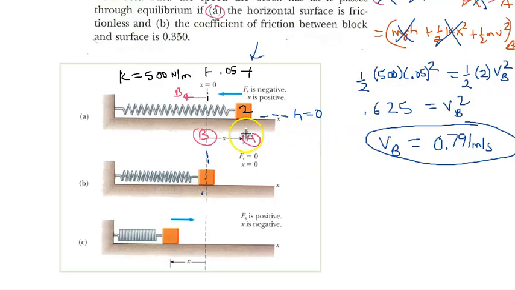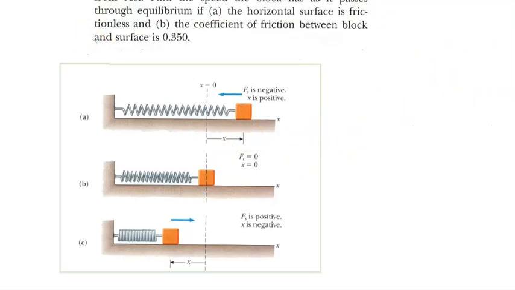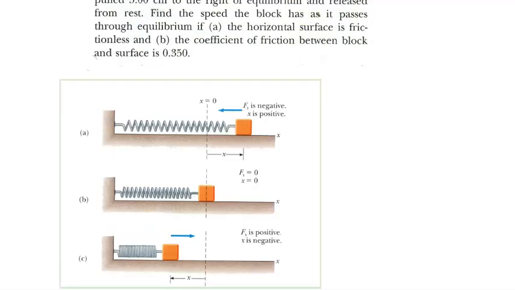Okay. All right, people. The reason I was pausing a little bit through A is that I was jumping ahead to B, and I don't like the way they said find the speed as it passes through equilibrium, because technically this is no longer equilibrium if there's friction.